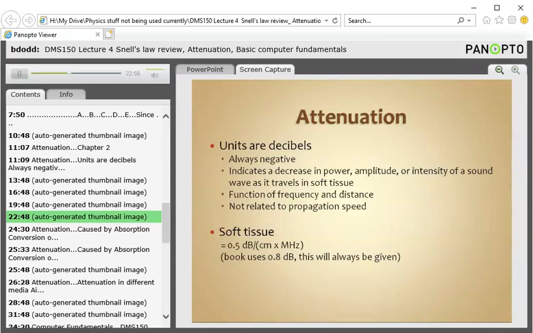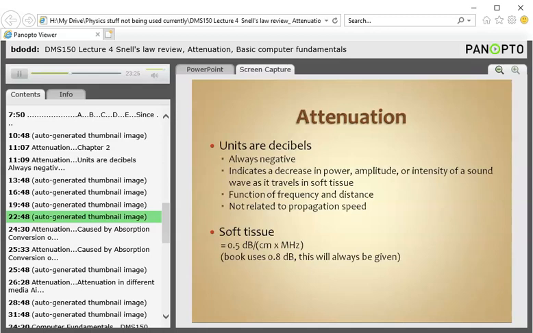How are you doing it with the 5 and the 10 to cross out? Okay. Let me set up the equation the way I always set it up. When I'm doing it, not in my head, I multiply my coefficient of attenuation times my frequency, 5 megahertz, times my depth.